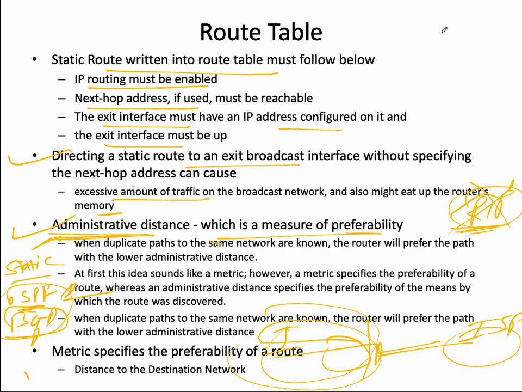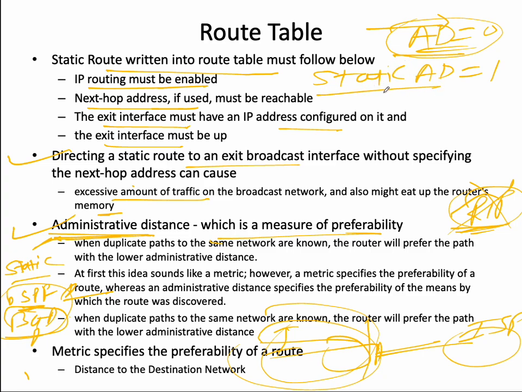If any interface or any network is directly connected, then the administrative distance is zero because it's directly connected, right? And it's the fastest way to reach. And the administrative distance for a static route is 1. So that's why static route is the fastest way.